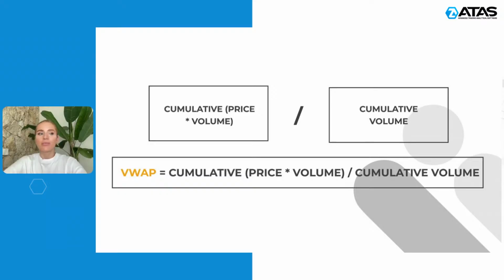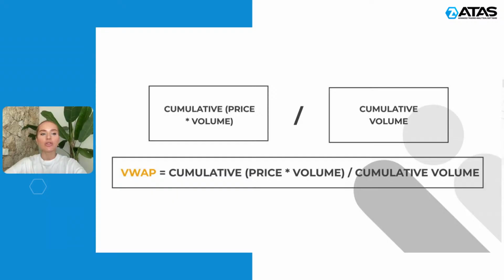So essentially, the VWAP equals the cumulative price times volume divided by the cumulative volume over a given period of time. At the very start of every set trading session, VWAP begins at the opening price, since there is no prior volume traded. And as each new trade happens in the market, it factors into the average.